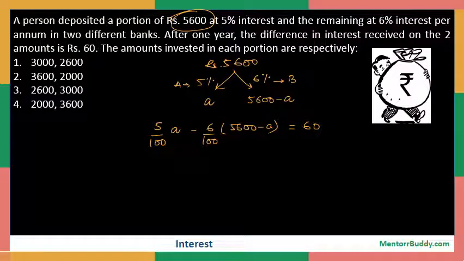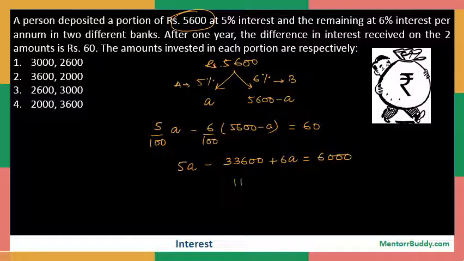So if I try and solve this equation, we will be getting 5 times A minus 6 times 5600. This becomes 33600 plus 6 times A is equal to, this 100 goes to the right hand side and becomes 6000.